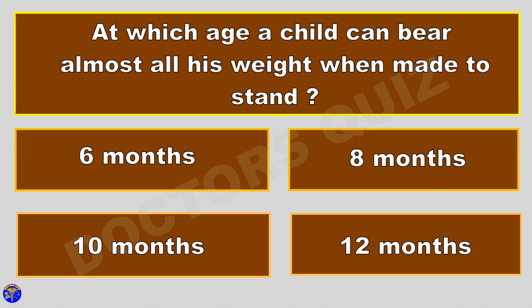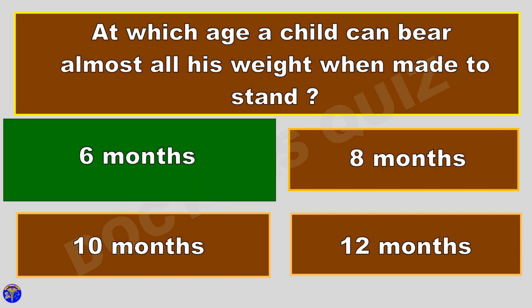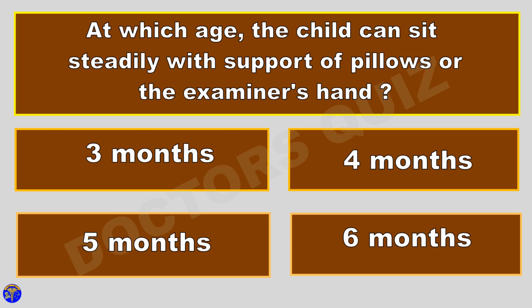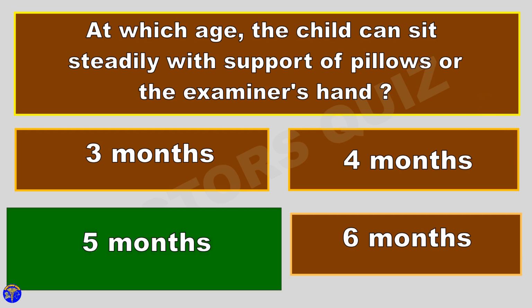At which age can the child bear almost all his weight when made to stand? 6 months. At which age can the child sit steadily with support of pillows or the examiner's hand? 5 months.